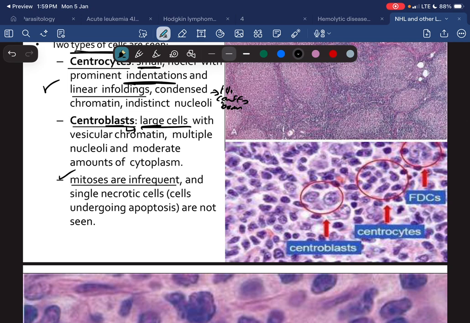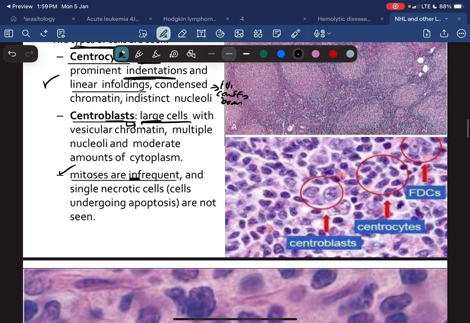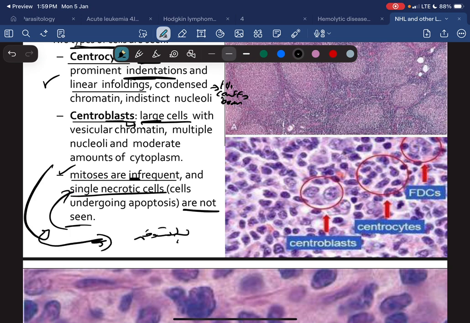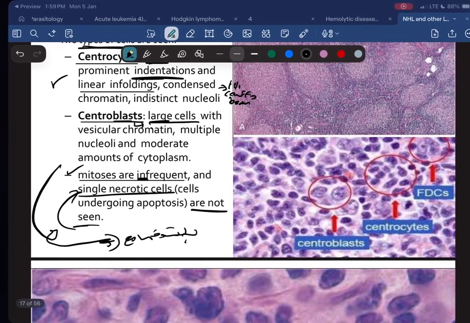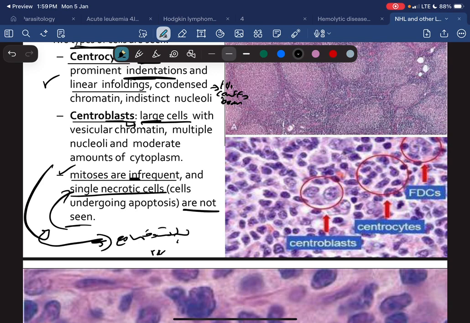So the apoptosis with mitosis, apoptotic bodies, more with follicular reactive hyperplasia if we compare it with follicular lymphoma. These large cells, centroblasts, and the centrocytes, small, cleaved, indented, irregular nuclear membrane, small cells, centrocytes.